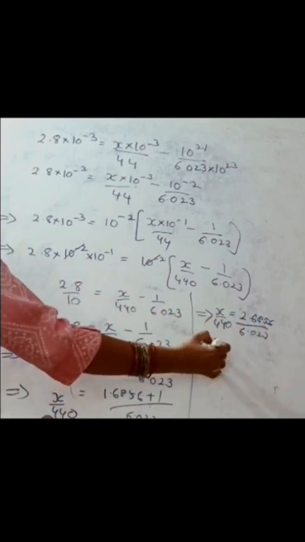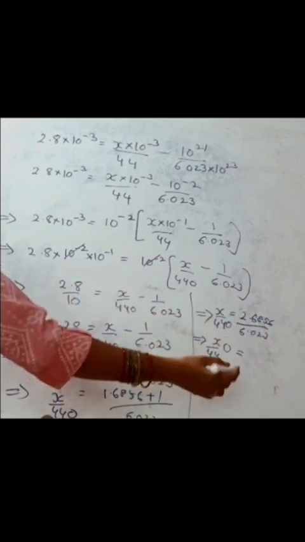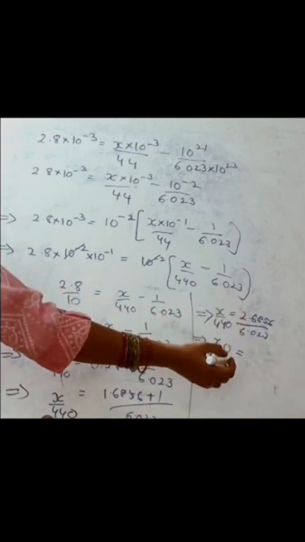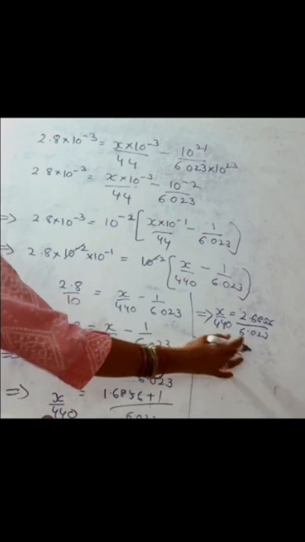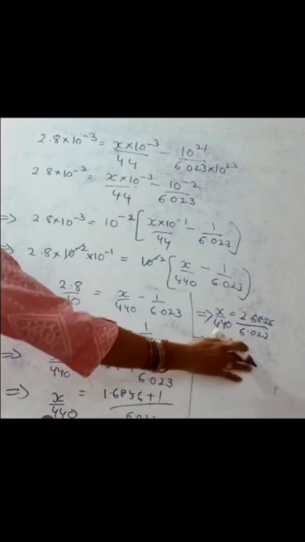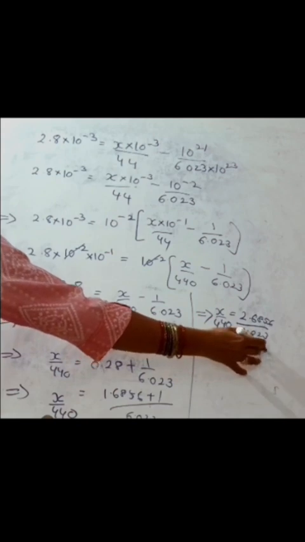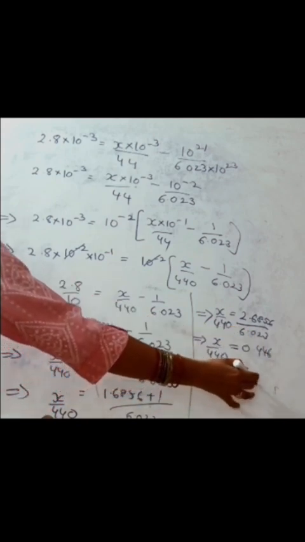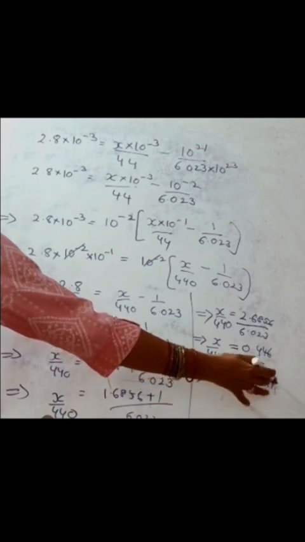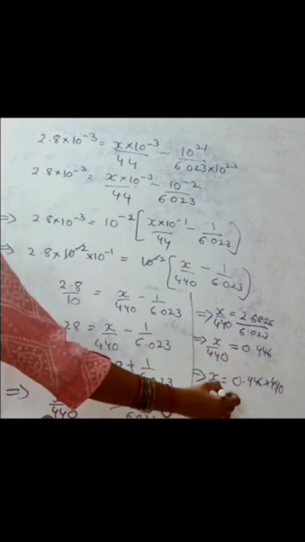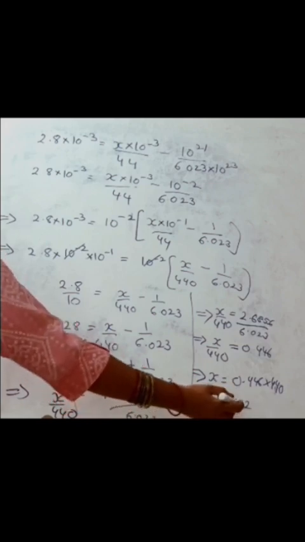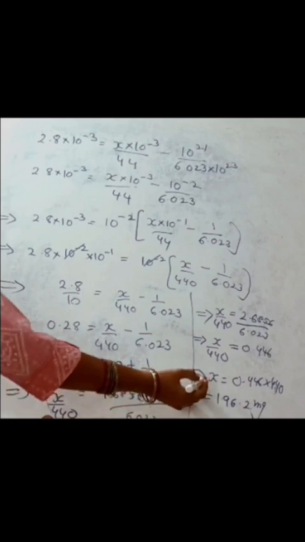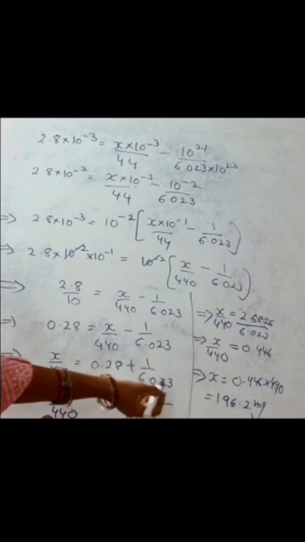If we do this division, then we get 0.446. That implies X is equal to 0.446 into 440. If we multiply, then we get 196.2 milligrams. Here X is the initial mass of the CO2.